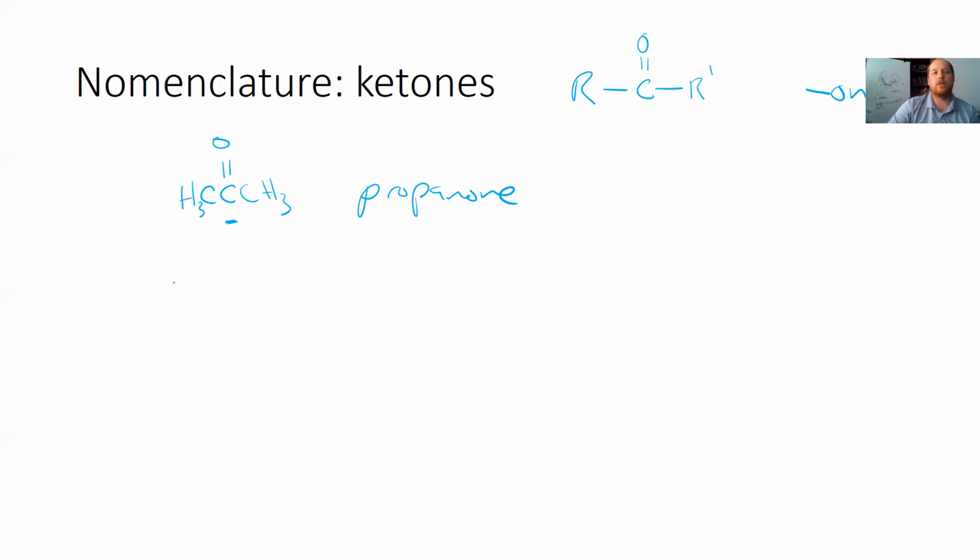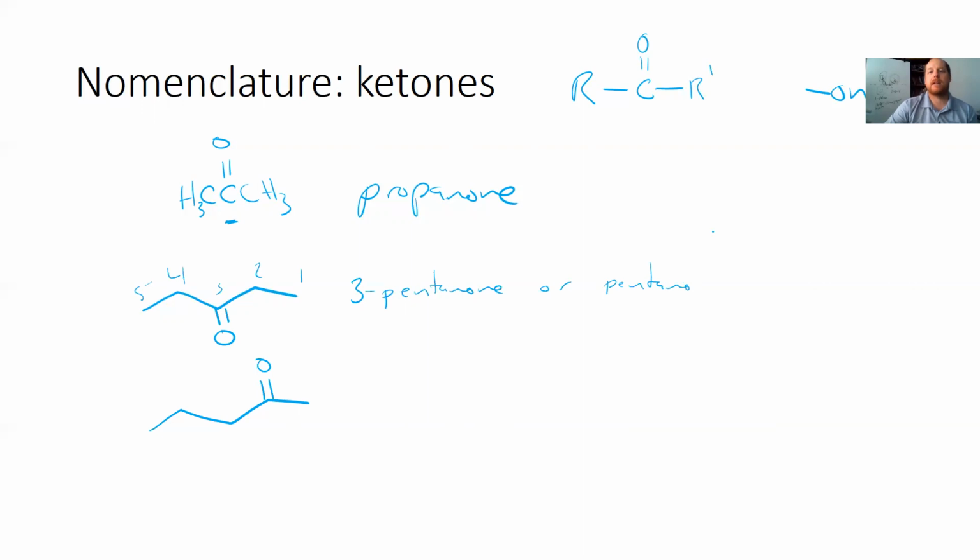However, if you were to have something like this, this would be a pentanone, but you have to specify, so 1, 2, 3, 4, 5. The reason you have to specify that is because the O can be on a different carbon. So this would be 3-pentanone, or pentan-3-one.